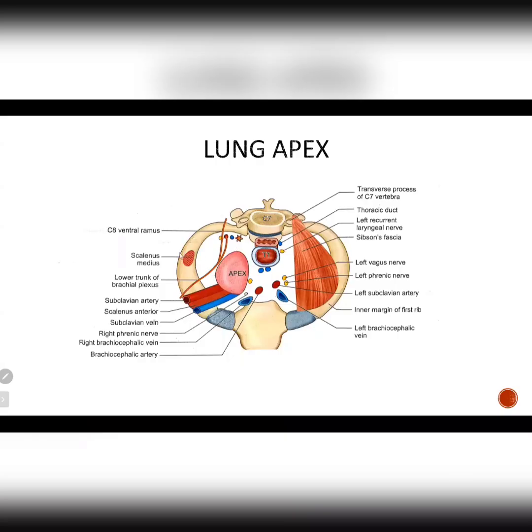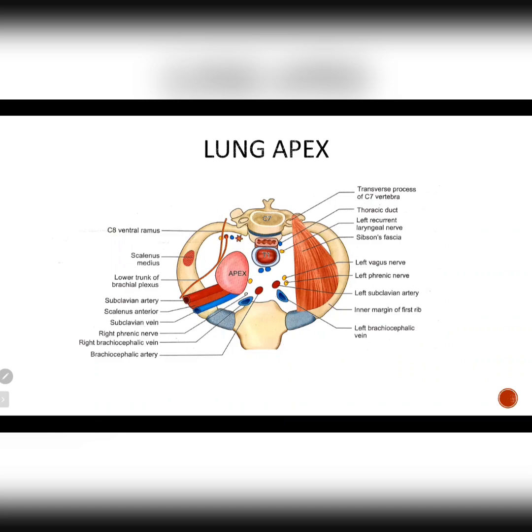Now in this diagram, we can see the lateral relationship of the apex of the lung is the muscle called scalenus medius. Medially to the lung apex, there are certain relations which are slightly different for the right lung and the left lung. If you have started reading the topic of mediastinum, it will be easier to learn these structures.